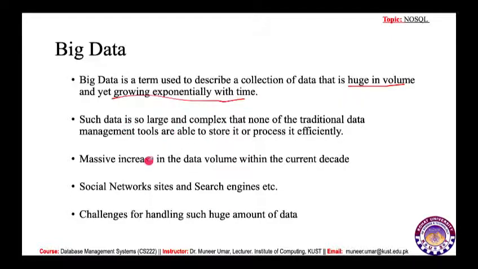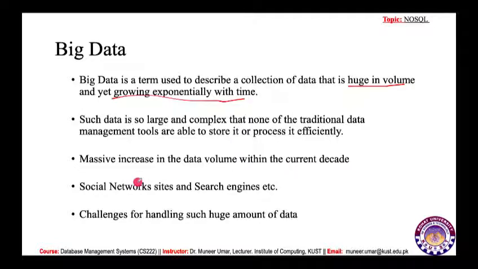The massive increase in the data volume within the current decade. If we look into the current decade, due to the excessive use of smartphones with a bundle of applications and social media, the volume of data has increased multifold.